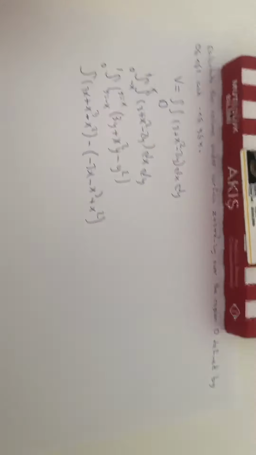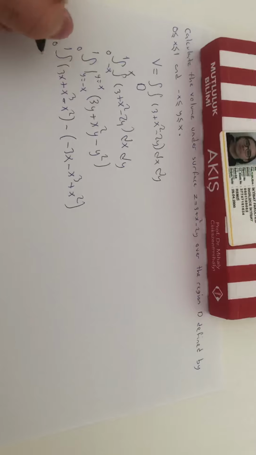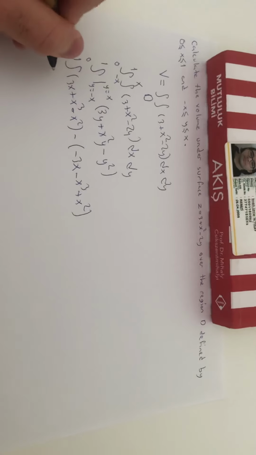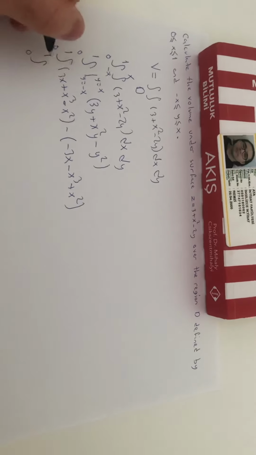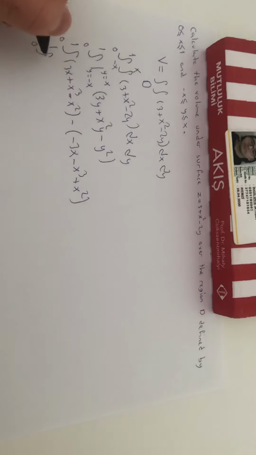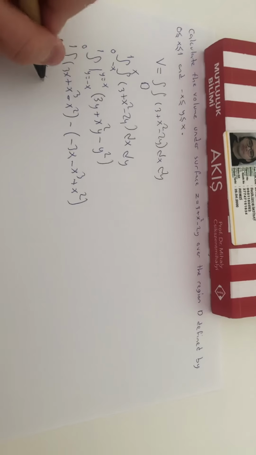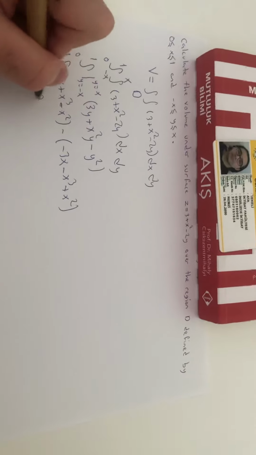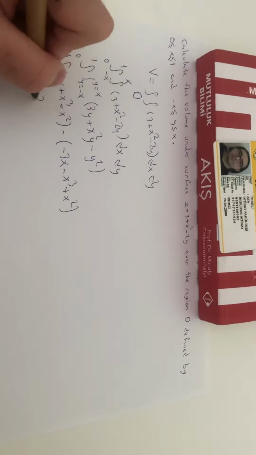And then our integral will look like that. When we sum things up, it will go from 0 to 1 of 6x plus 2x cubed.